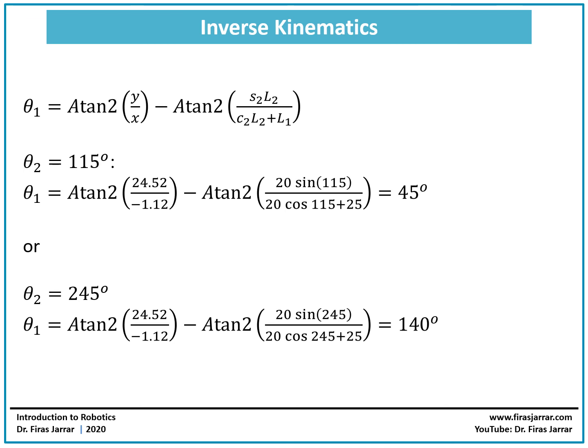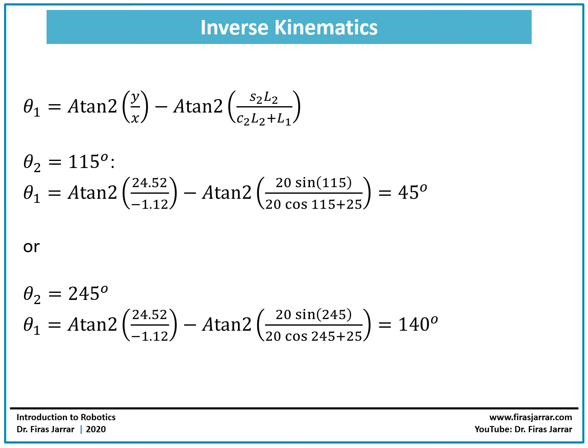For the first case, you substitute it into the final relationship here, where y is known, x is known, and theta 2 we have here. You will find that the corresponding theta 1 is 45 degrees. For the case where you substitute 245 for theta 2, you will find that the corresponding theta 1 is 140 degrees. So this is the solution for the example.